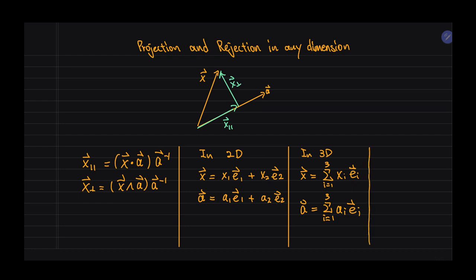And of course in n dimensions, x will be the sum of i equal to 1 to n of x_i e_i, and vector a will be the sum of i from 1 to n of a_i e_i. And we realize that these basis vectors have length 1 and they are orthogonal to each other.